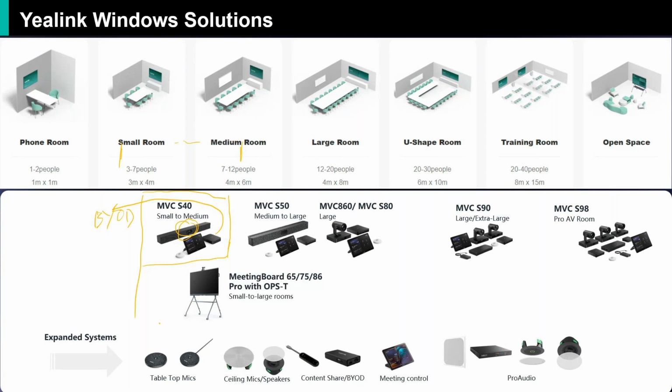We can also cater for up to this segment with the 3 different meeting board options, the 65, 75, and the 86-inch, where we can add the OPST. The OPST is more or less like an M-Core, a Windows-based Teams room, which we can add up to U-shaped rooms, where we can put the trolley around in the area so that it fits.